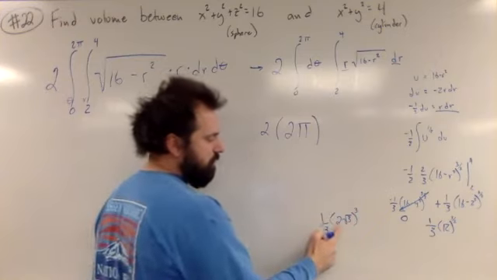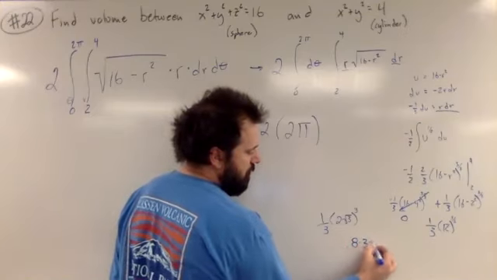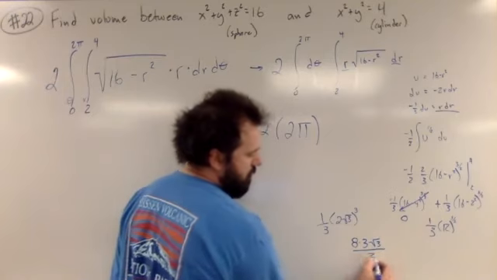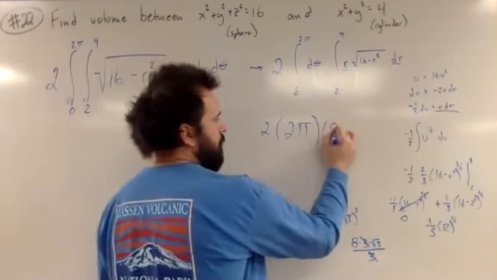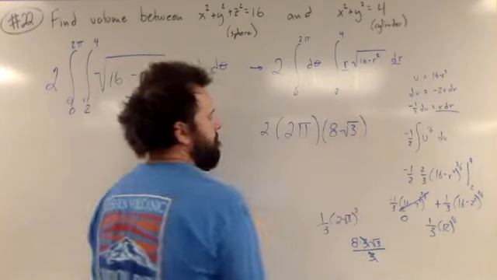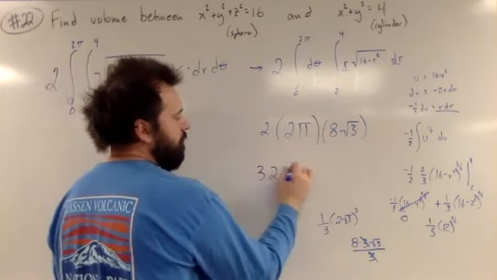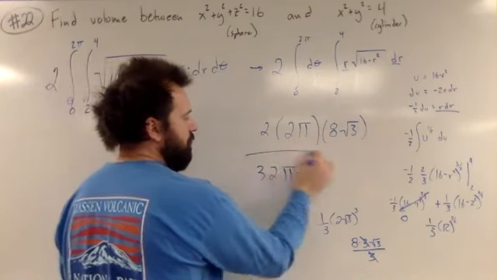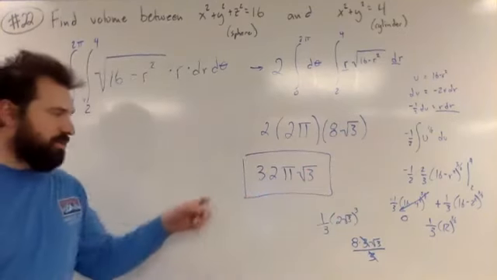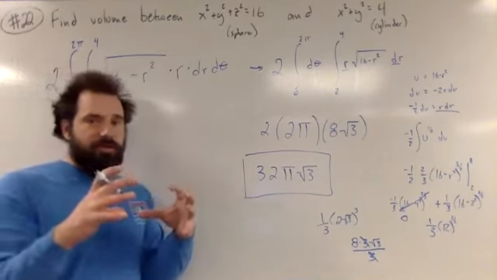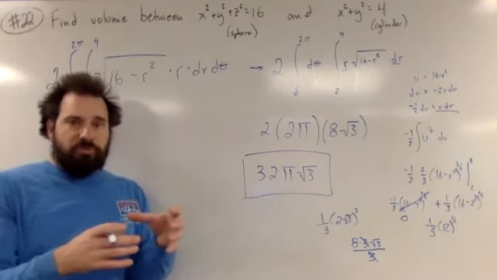So that's 2, 4, 8. So I have 4 times 8 is 32 pi square root of 3. That tells me the volume inside a sphere of radius 4, but still outside a cylinder of radius 2.